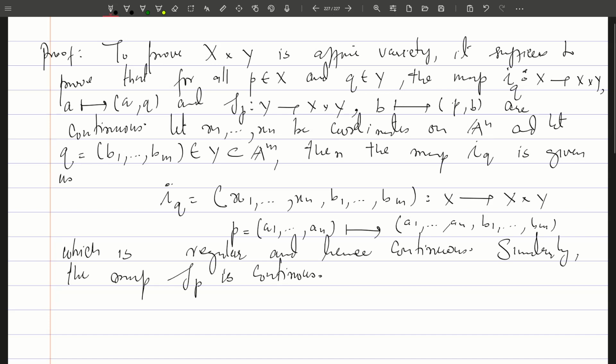Now, if these two maps i_q and j_p are continuous for all p in X and q in Y, this would imply from the above lemma that X times Y is an affine variety. So hence, by the above lemma, X times Y is irreducible. That means it is an affine variety.